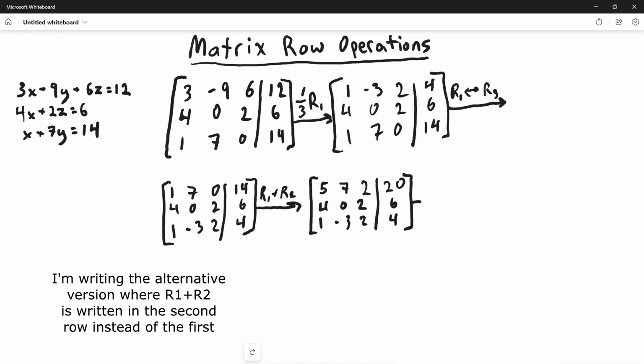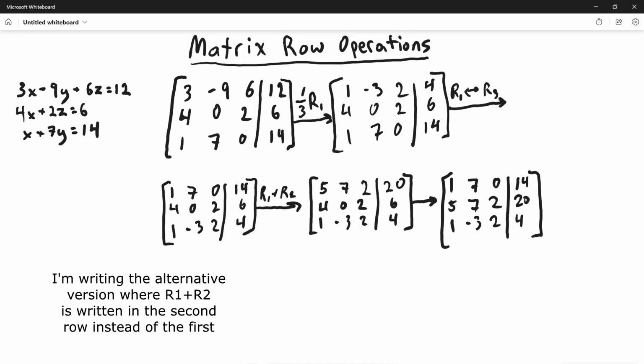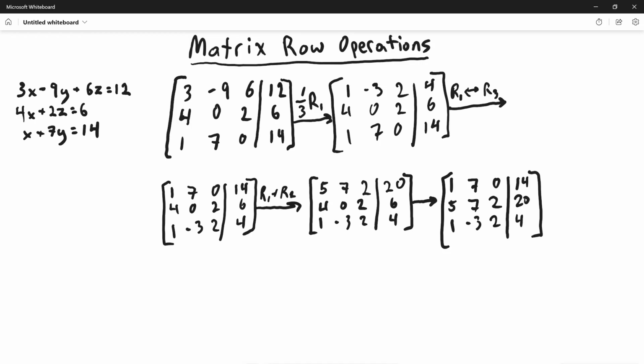So I'll rewrite that here, just so you can see what that would be. So that's the alternative version that you could have done.